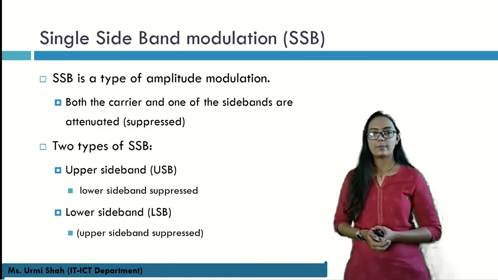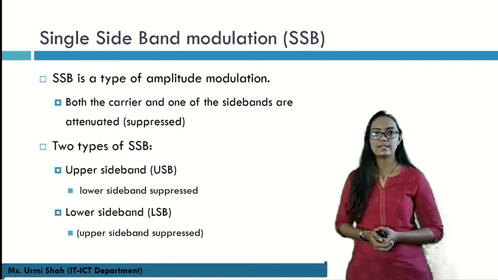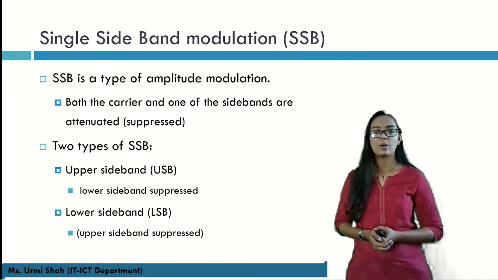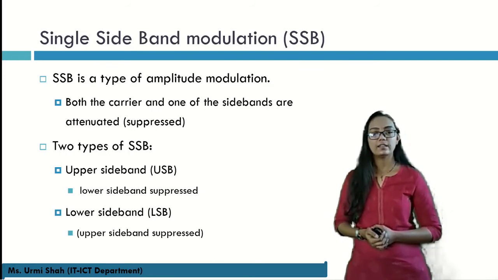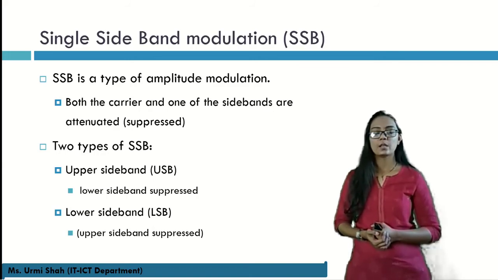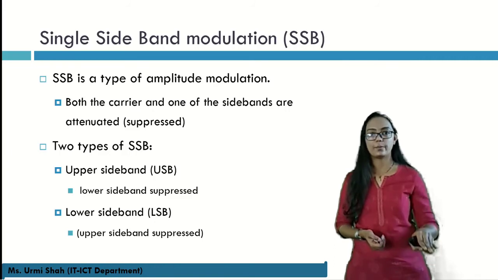So single sideband is a kind of amplitude modulation technique where both the carrier and one sideband are attenuated or suppressed. Only one single sideband is present, either the upper sideband or the lower sideband. If there is an upper sideband in your modulated output, that means your lower sideband is suppressed.